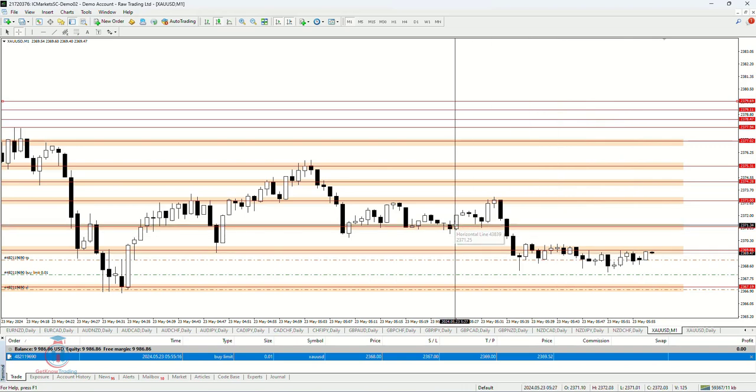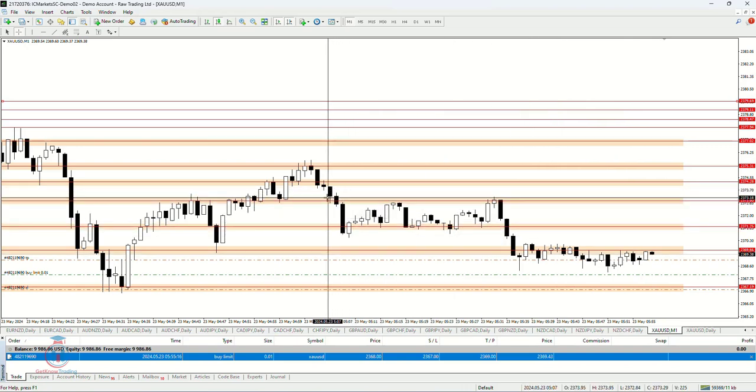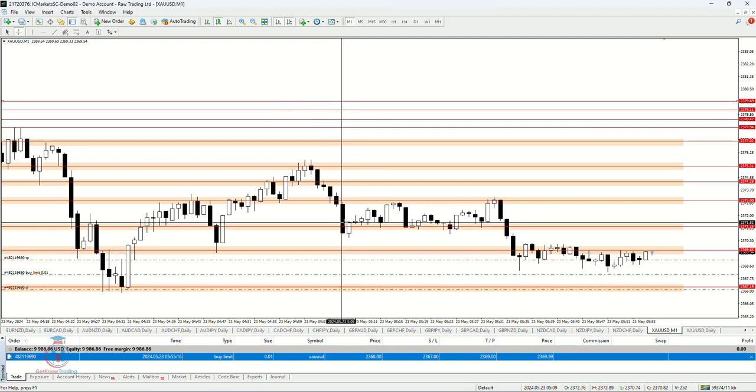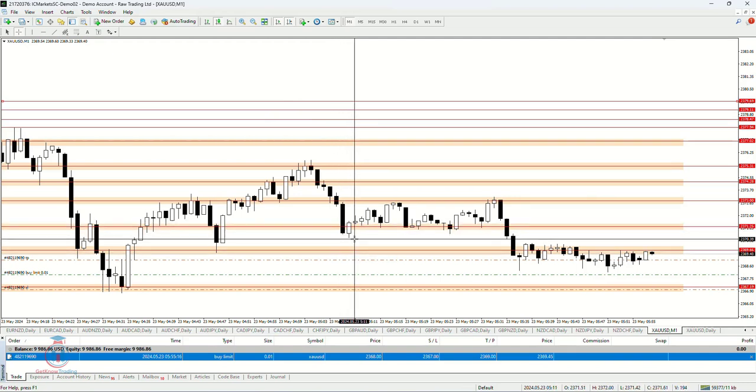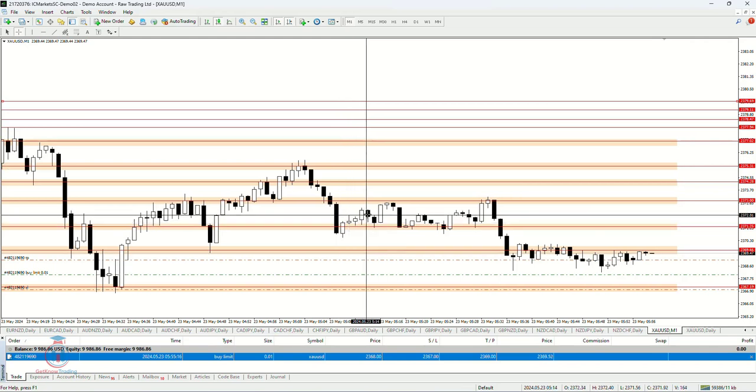For example, let's take this one here. When the price goes down, it goes below this support level, the breakout happens, and it goes to the next support level. So if we put a buy limit order here, and the stop loss, for example, let's say here, below, in this case our buy limit will be activated, and we are expecting that the price will bounce from this one and go back up.